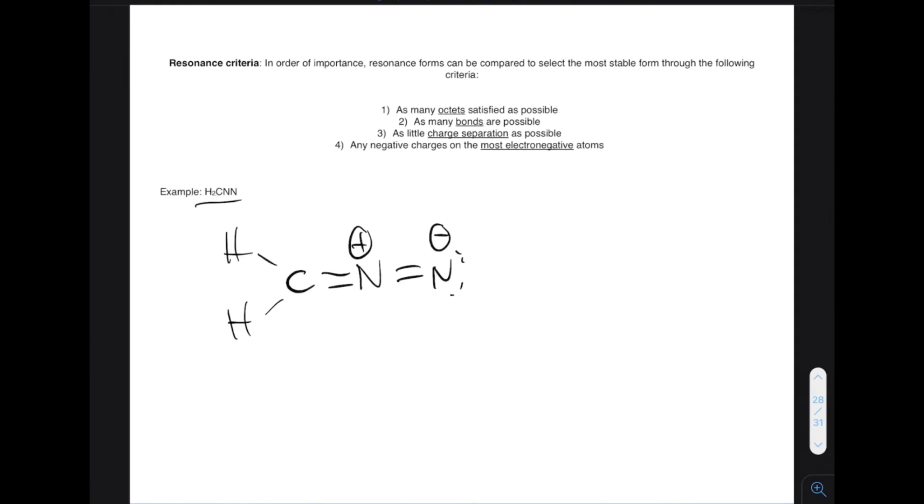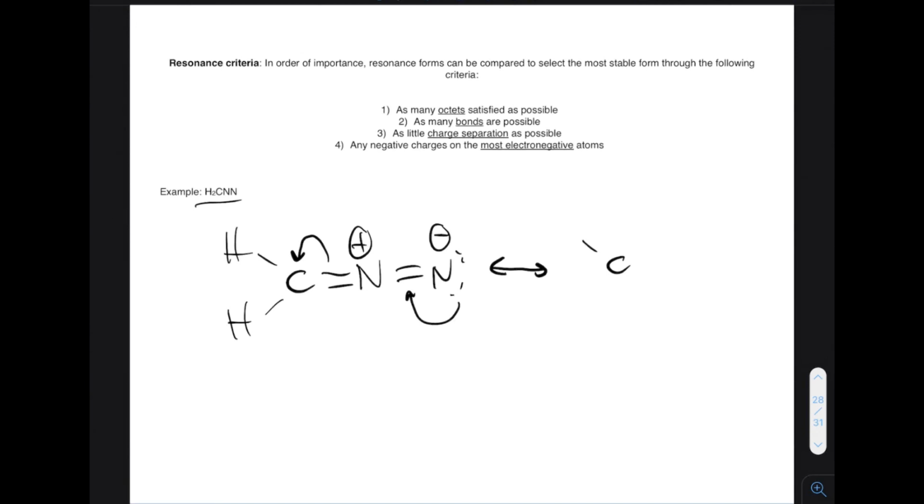But is this the most stable resonance form, right? So we can draw a resonance structure for this. If we take one of these lone pairs, push it here, we have to break this pi bond, making sure we're not violating any octet rules, and we'll push it onto the carbon.